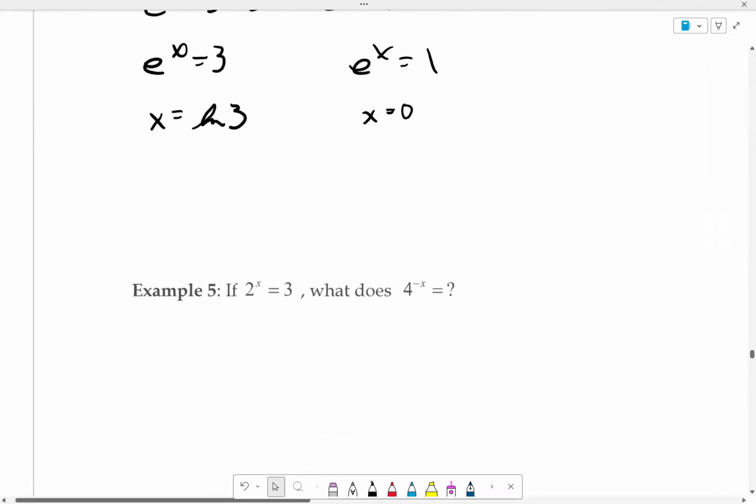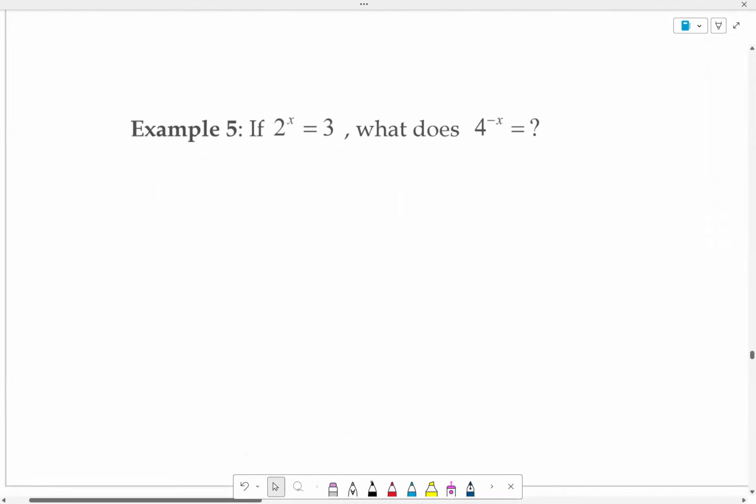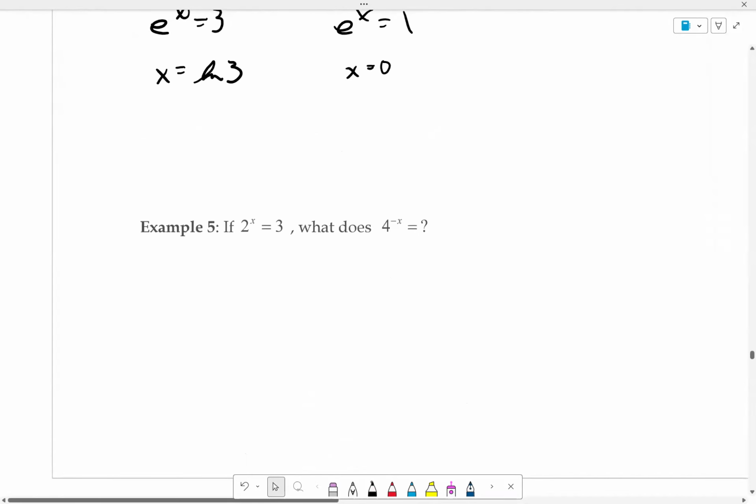Okay. I think we have just enough time to do this. If 2 to the x equals 3, what does 4 to the negative x equal? Thank you. Yeah, this is a little bit of a trick.